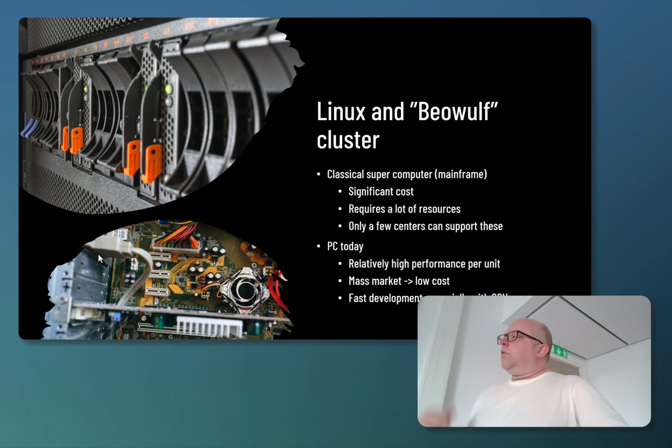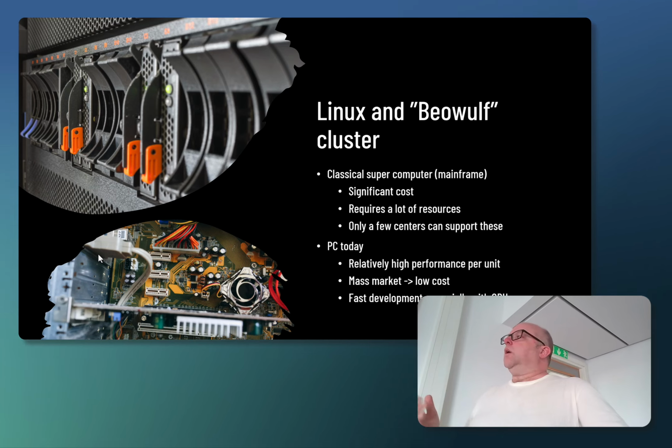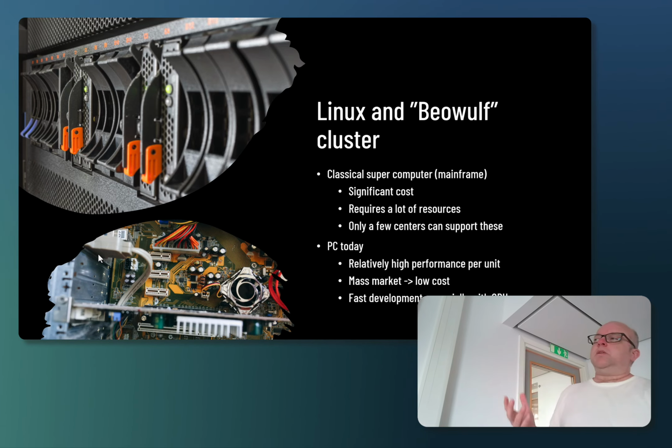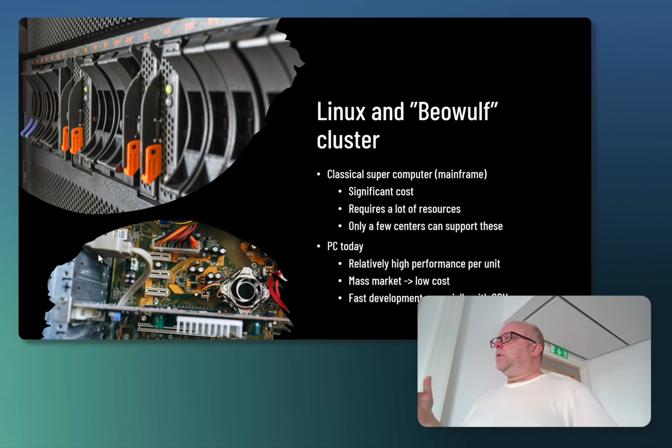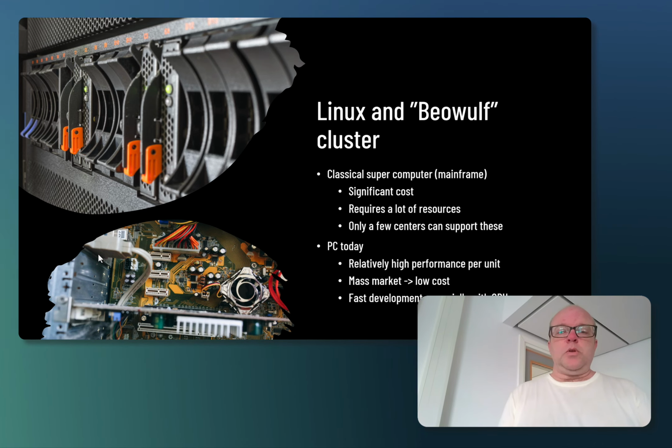And there's also very fast development because of gaming. Gaming actually produces the GPUs that we can use for computing as well. And because there are so many people gaming, graphics cards are really low cost. So by using PC hardware, you can actually build very cheap supercomputers.